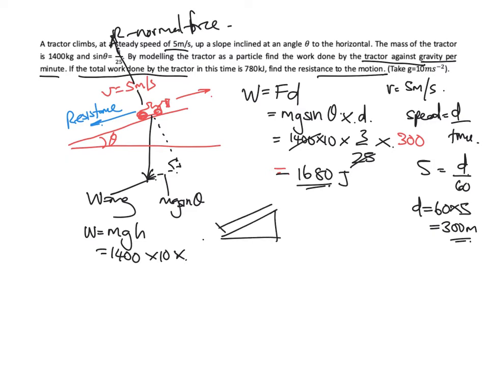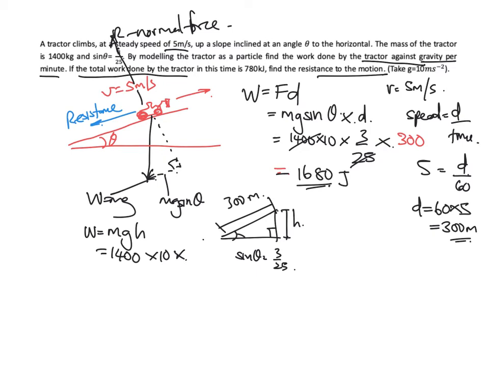It has moved around 300 meters along the slope, which is the hypotenuse of a right angle triangle, and this is the height, which I'm not sure of, but I know sine theta equals 3/25. So we can use trigonometry to find h.